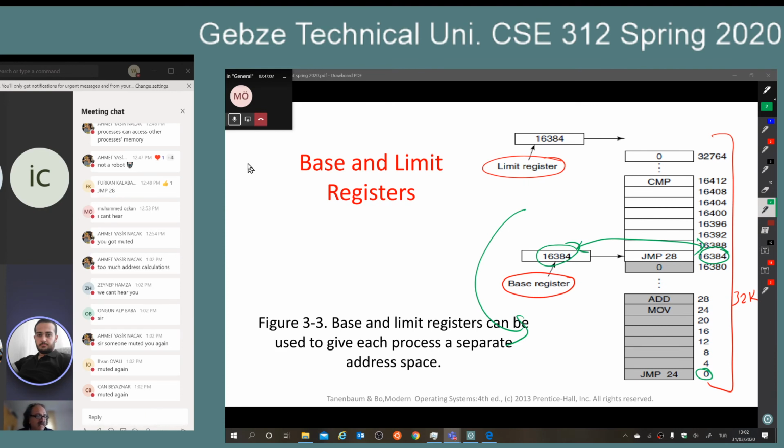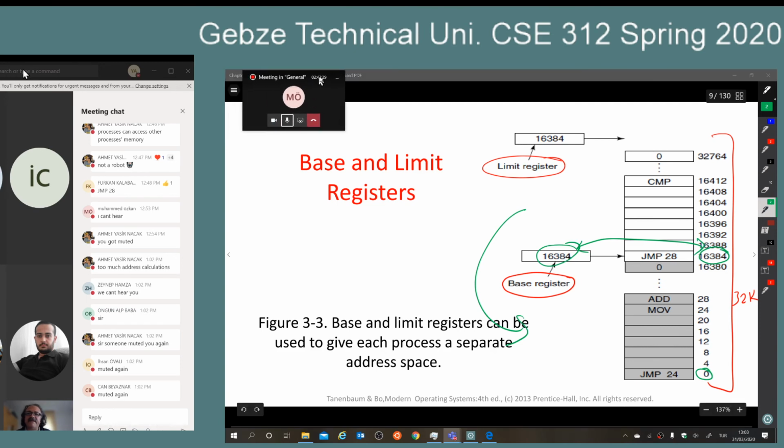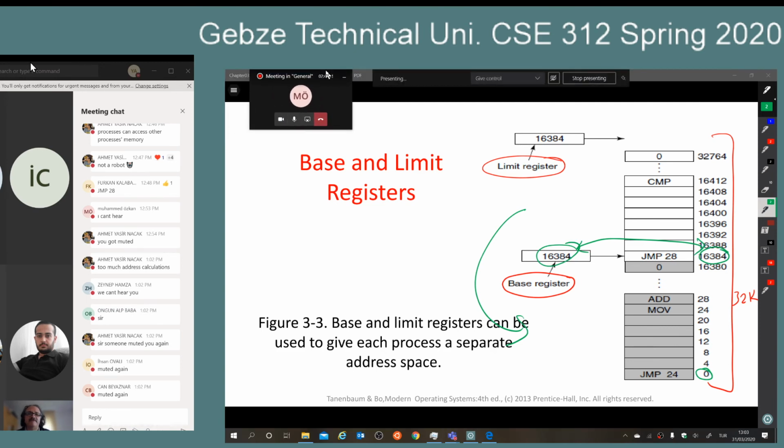If somebody is trying to access outside of the region that I'm allowed, it will be beyond the limit register, so the CPU would know. I get help from the CPU to provide protection.